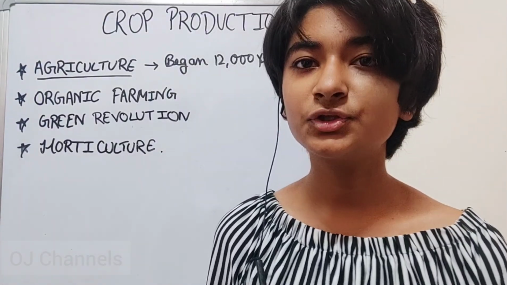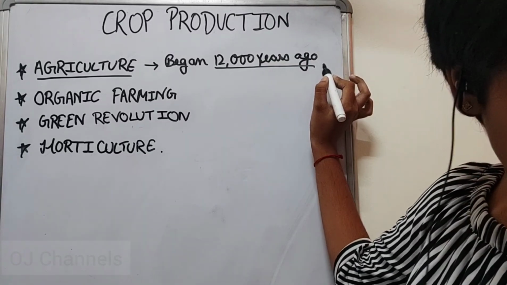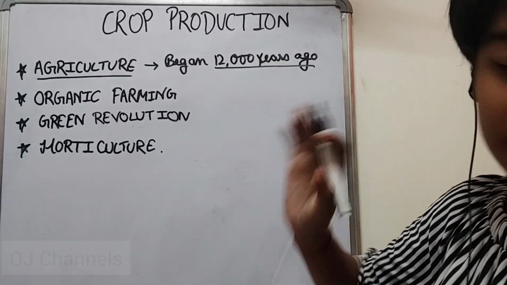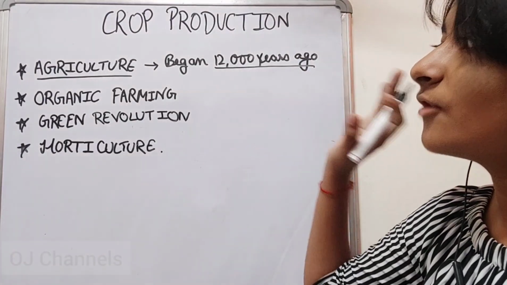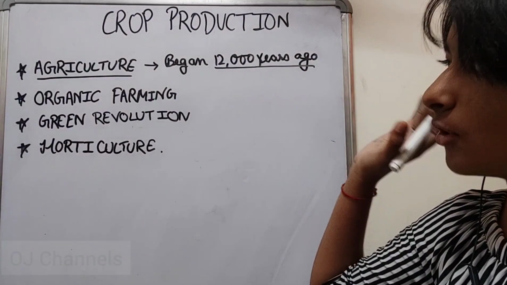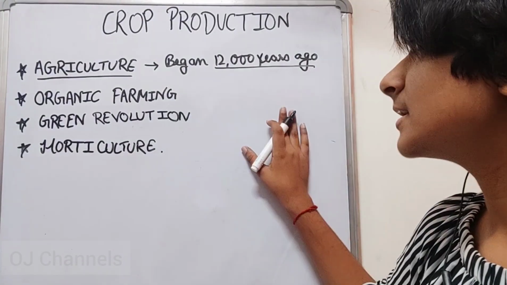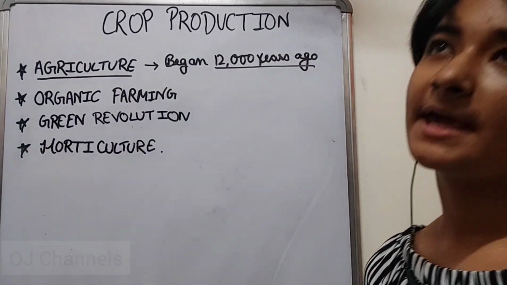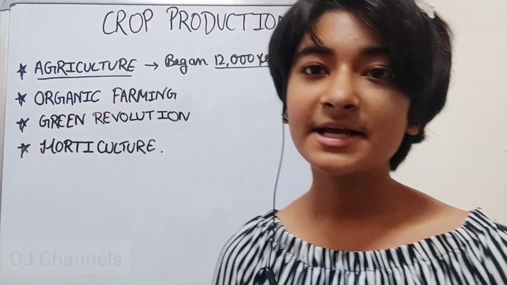So agriculture almost started 12,000 years ago, and the science which deals with the rearing of animals and growing of crops is known as agriculture. It was a very long time ago, even before the time of the Aryans, that agriculture was started.